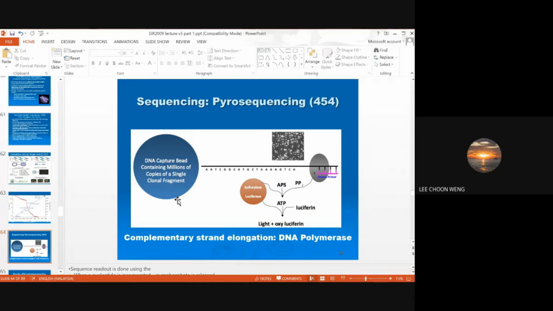Before Roche 454, most of the sequencing platforms followed the Sanger dideoxy termination method. Pyro Sequencing was the first platform to implement sequencing by synthesis. Okay, so now we will look into in detail how this works. Sequencing by synthesis.